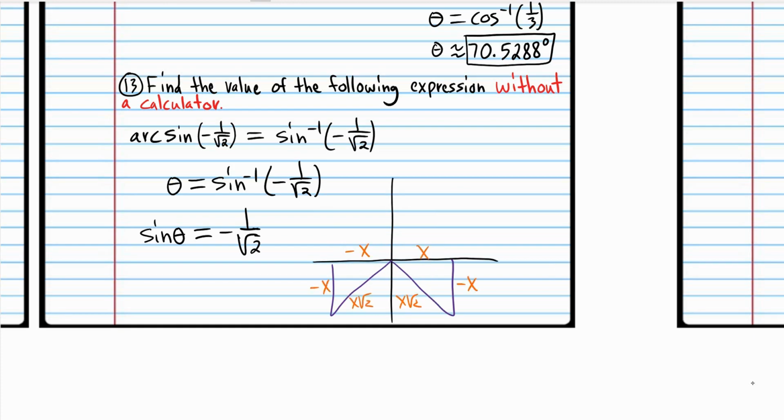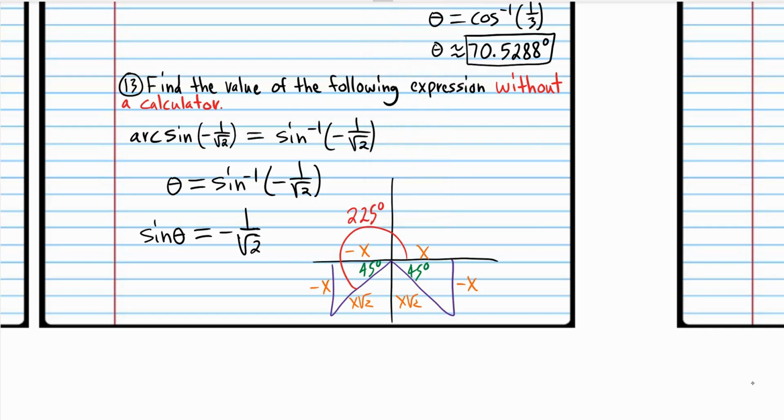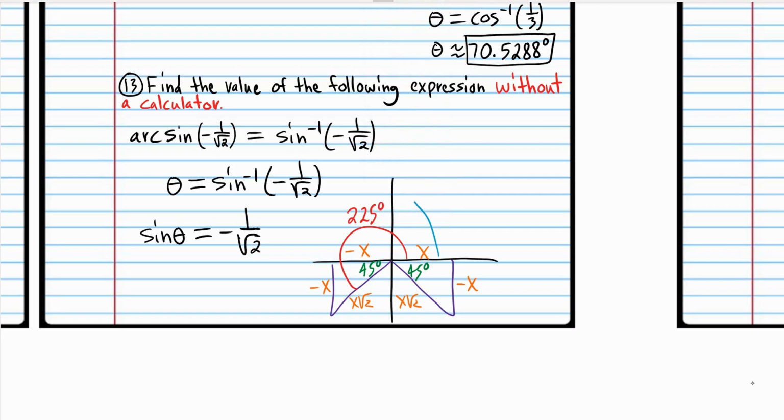You don't have to write all the sides, but it helps us to understand what triangle it is. Our reference angles are 45 degrees, so our first angle is 225 degrees. And our second angle, which we can make a blue color, I guess, that'll be 315 degrees.